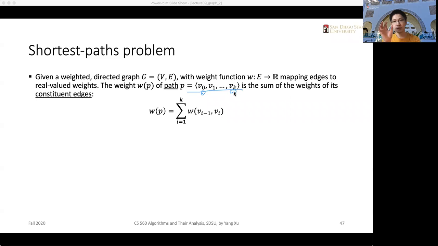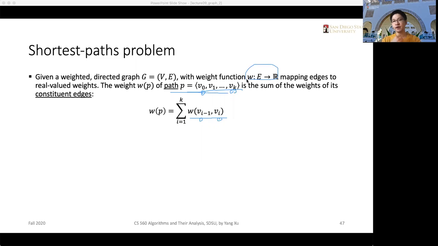The summation of all the edges along this path is the total weight of the path, right? For example, for the segment from v(i-1) to vi, the weight of that short segment is returned by the weight function.